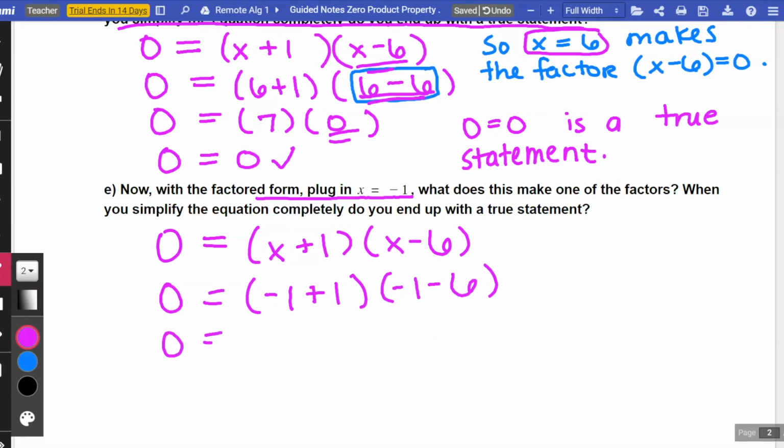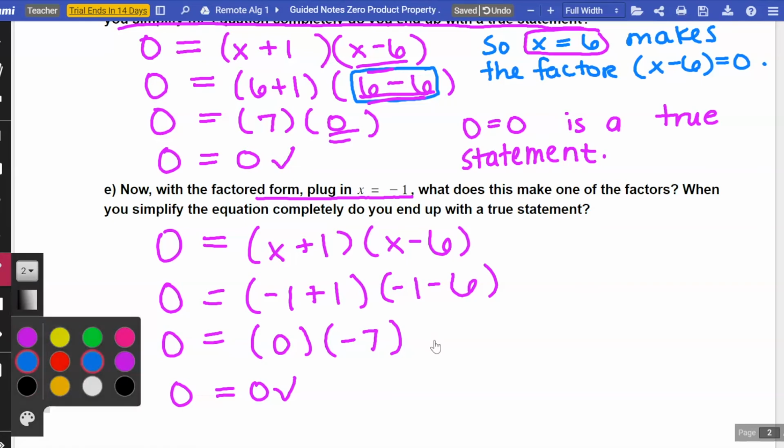Well, check it out. What's -1 plus 1? 0. And so we're going to have 0 times whatever this is. What's 0 times anything? 0. So we're going to end up with a true statement even if we don't simplify the second factor. But we'll simplify it just for fun. What's -1 minus 6? -7.